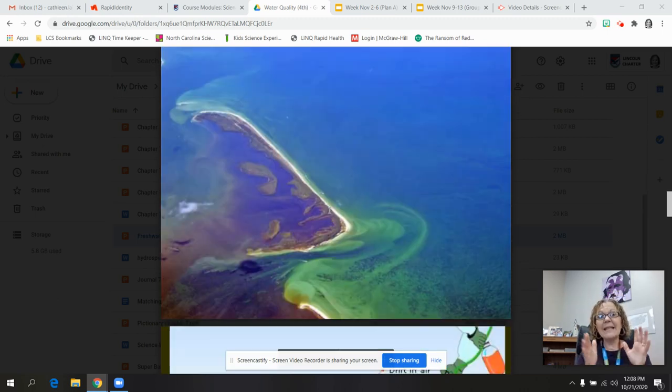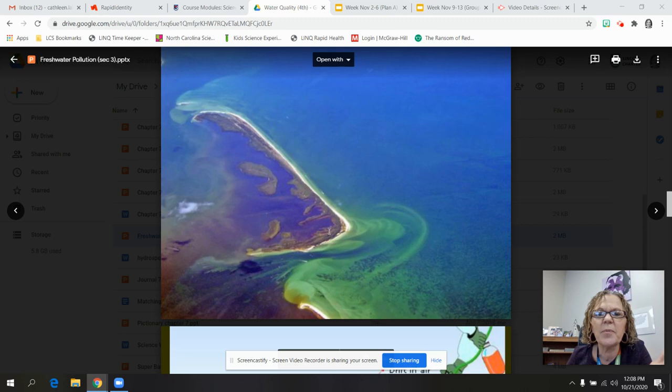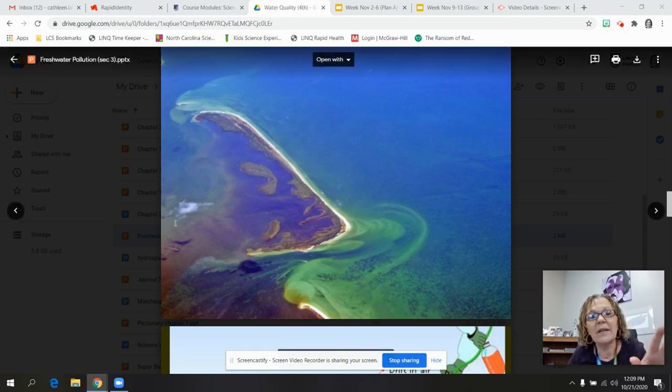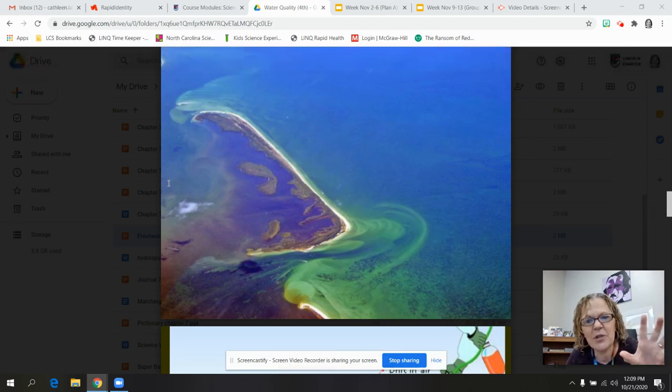All right, so this is an example, this island. You can see it's just a strip of land and you see all that green stuff and it looks so pretty. Well, it's all algae. What you can't see on the left side of the screen, because it's cut out of the picture, is a landmass.